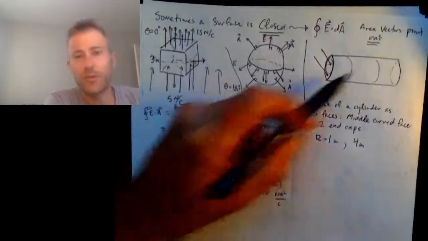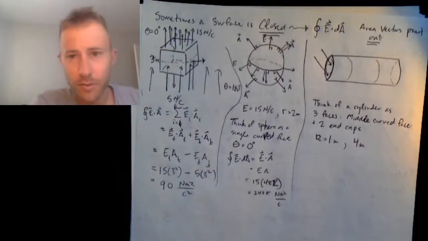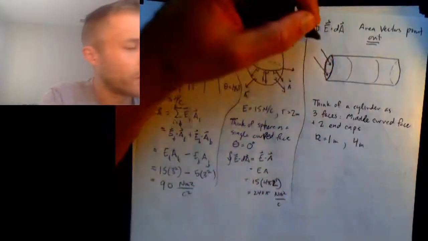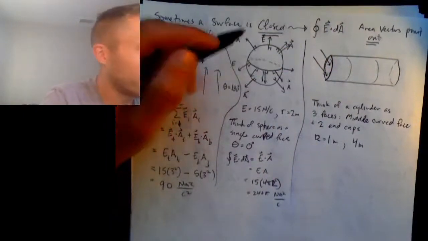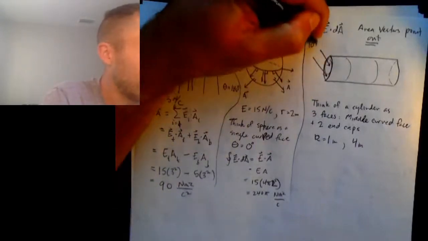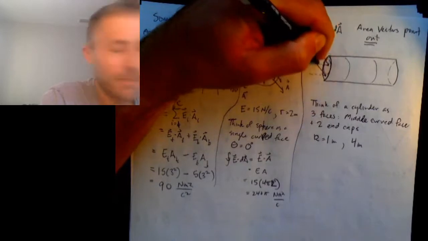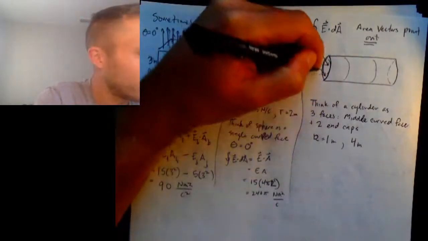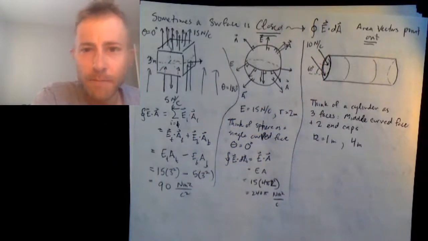Now, each of these 3 faces is going to have a different electric field, okay? So on the left end cap, the size of the electric field is 10 newtons per coulomb. And this angle right here that it makes with the normal is 60 degrees. Okay?